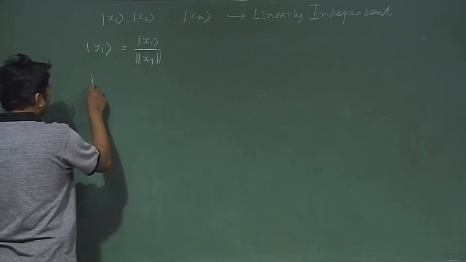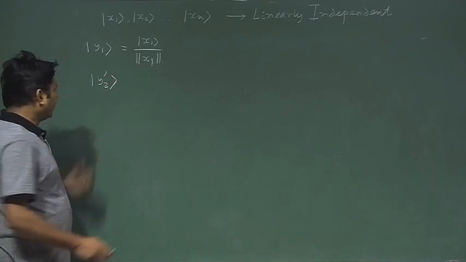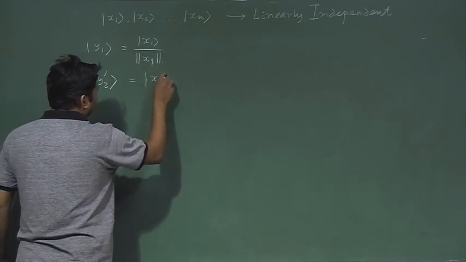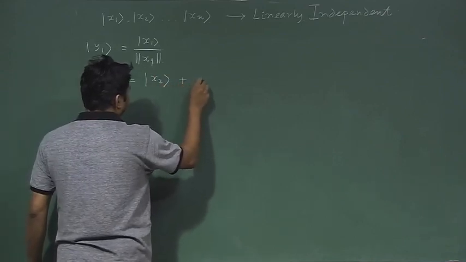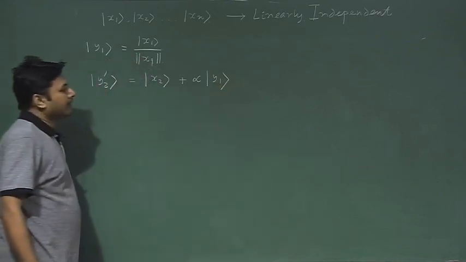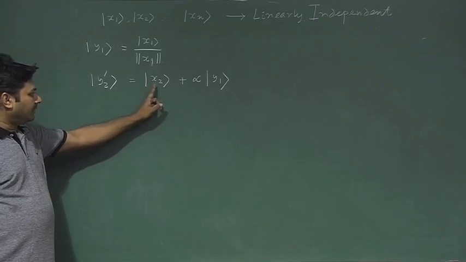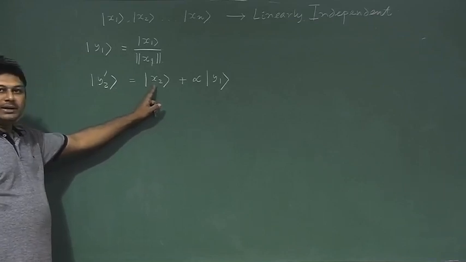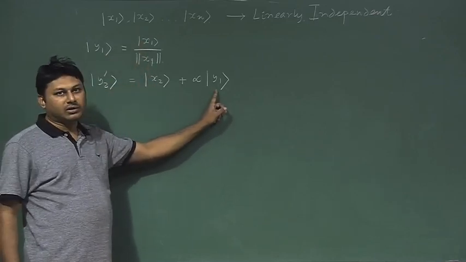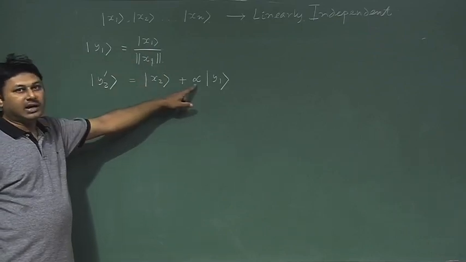How to generate y2? I write y2 prime. Why I am writing y2 prime, I will explain shortly. I choose the vector like this. Please note that when I am forming y2, on the right hand side I know what my x2 is, because x2 is given here. I know what my y1 is, because I formed y1 just before. What I don't know is alpha.